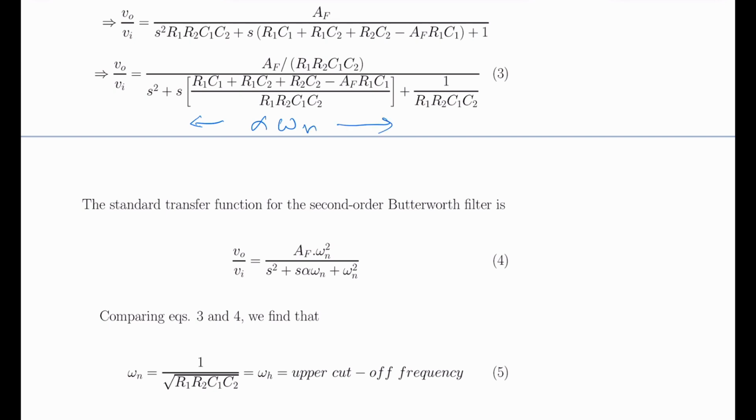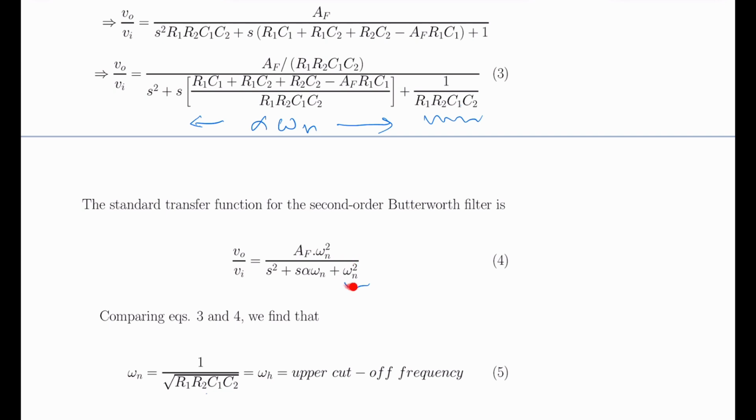Then this is a constant term if R1, R2, C1, C2 are constant. So if you compare equation 3 and 4, what do you get? You get omega n equal to 1 upon root over R1, R2, C1, C2, and this is nothing but the upper cutoff frequency denoted by omega h.